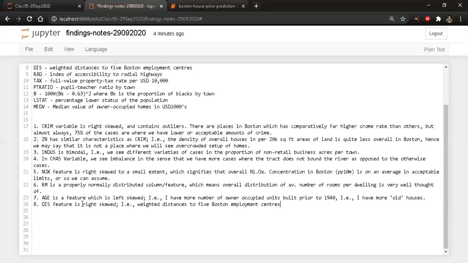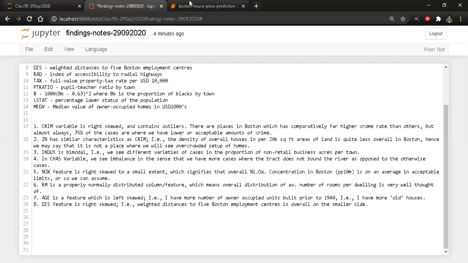That is, the weighted distance to 5 Boston employment centers is overall on the smaller side, which means houses are more likely to be closer to the employment centers, right? Which means people have more options to look for jobs.